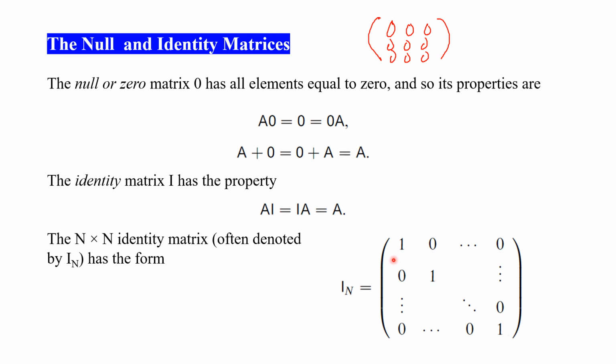If this is a 3 by 3 matrix, your identity matrix is 1, 0, 0, 0, 1, 0, 0, 0, 1. So the diagonal elements have values equal to 1 and all the rest are zeros. This is your identity matrix.